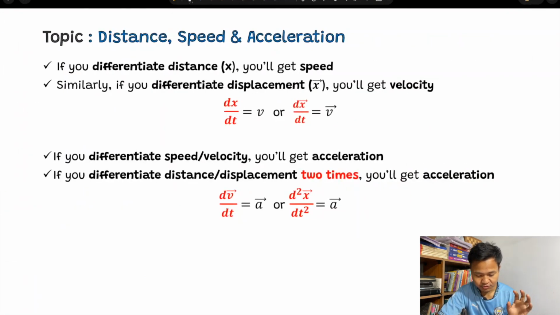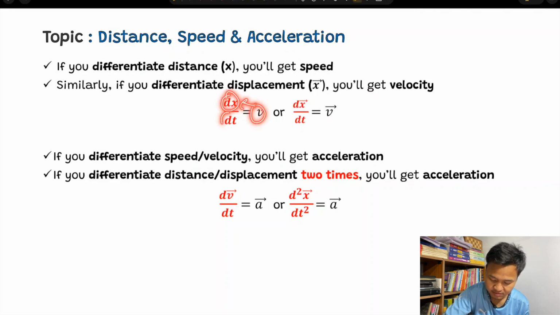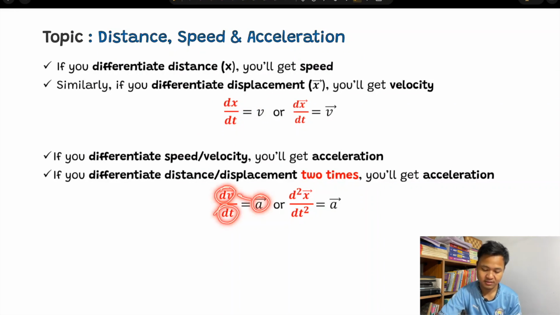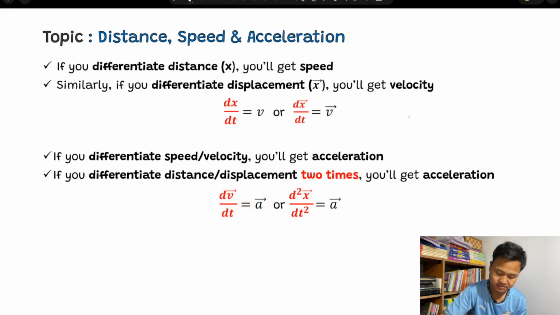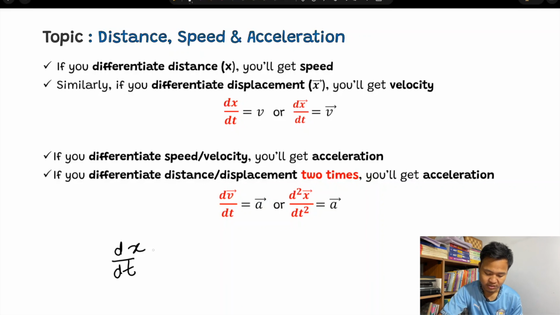Let's see the formulas. What is v? v is nothing but dx by dt, and a is nothing but dv by dt. Suppose you're given x, the distance. If I differentiate this x with respect to time, I will get velocity.